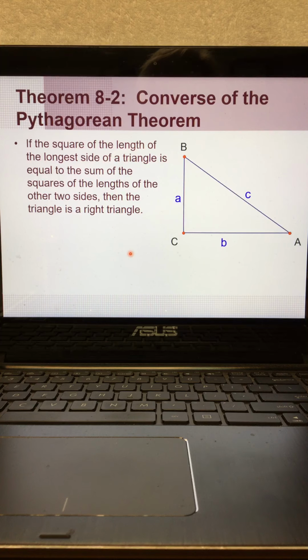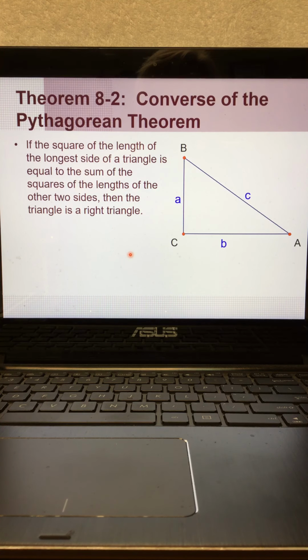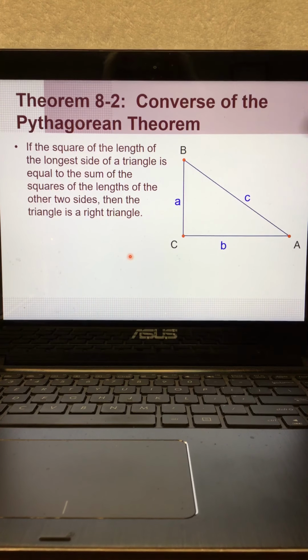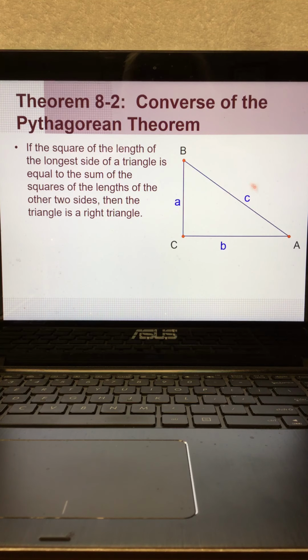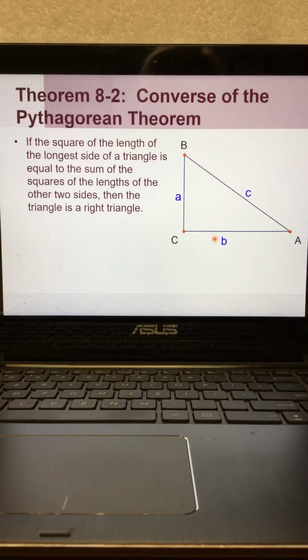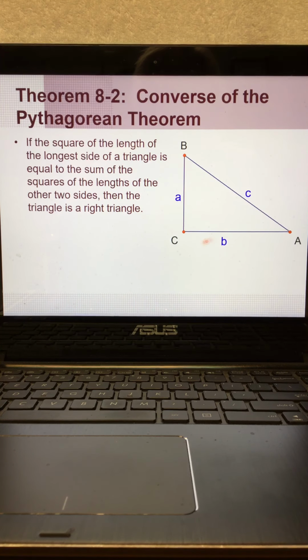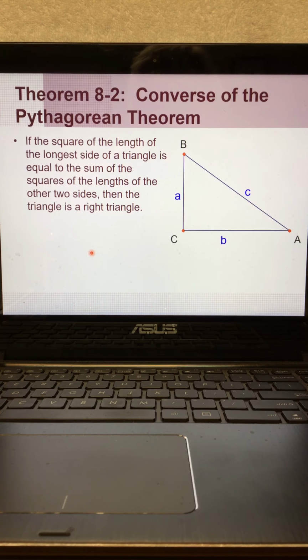And this is what Theorem 8.2 says, and it's called the converse of the Pythagorean theorem. If the square of the length of the longest side, they are now calling this the longest side because they don't know for sure that this is a right triangle, is equal to the sum of the squares of the lengths of the other two sides, then the triangle is a right triangle.